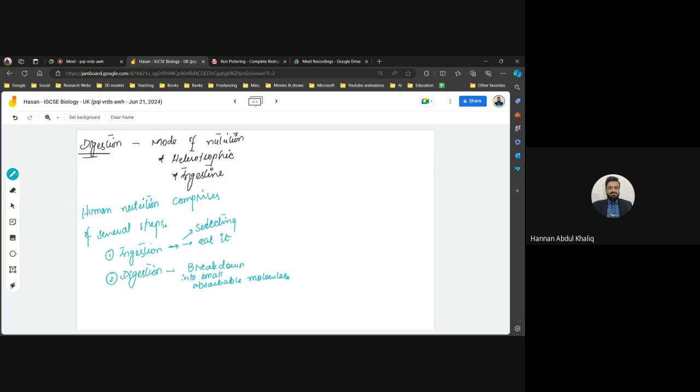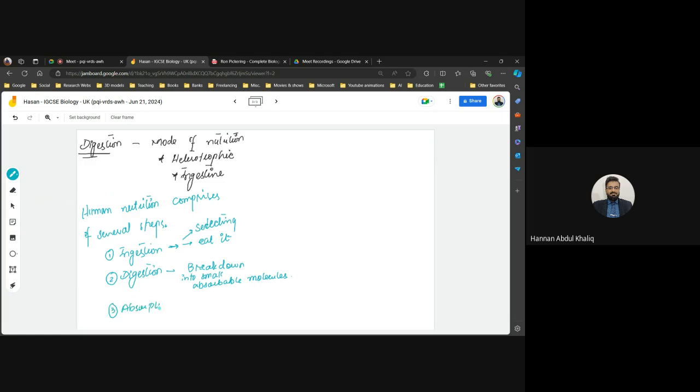Remember, breakdown does not only mean physical breakdown. You have to break it down to the point where they can be absorbed, and that particular point is not easy to reach. So that is why it is important to notice. Breakdown, and then comes another step, which is called absorption.